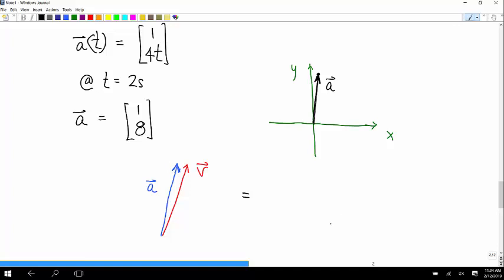Okay, so the velocity is this. The acceleration is this. A little short. I'm just breaking up the acceleration vector I just drew into an acceleration vector that's parallel to the velocity and one that's perpendicular to the velocity.